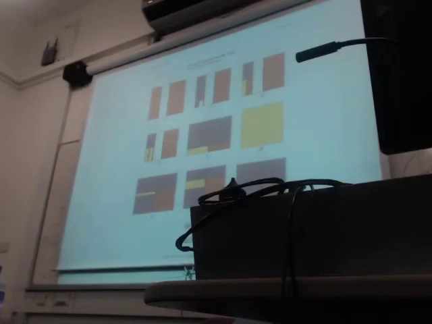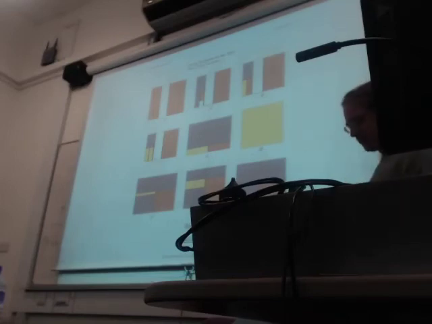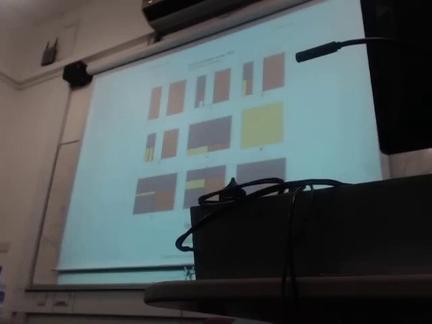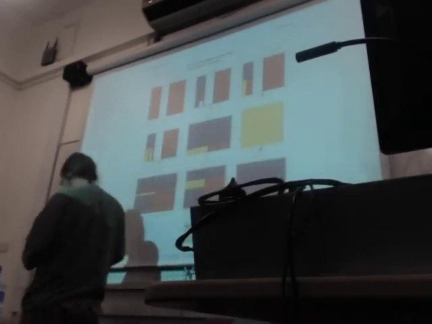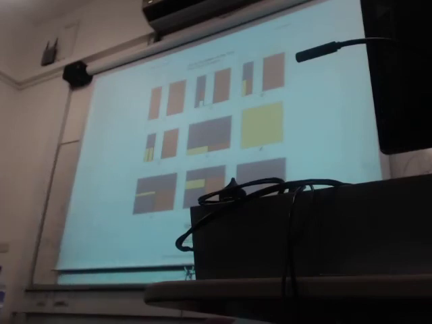Red. Sorry. White, green, white. Okay, so this is our tree-like representation, and this is the story that I used. And so, okay, so we have a way of representing drawings. Great.